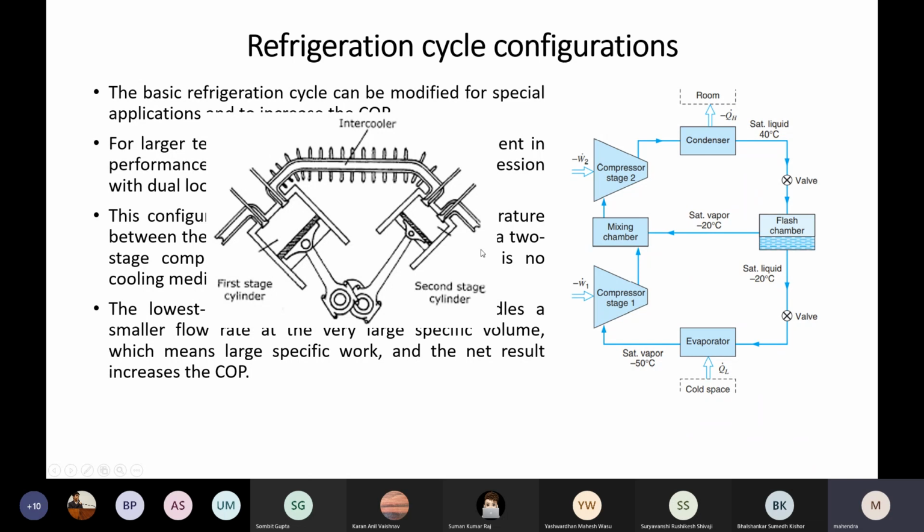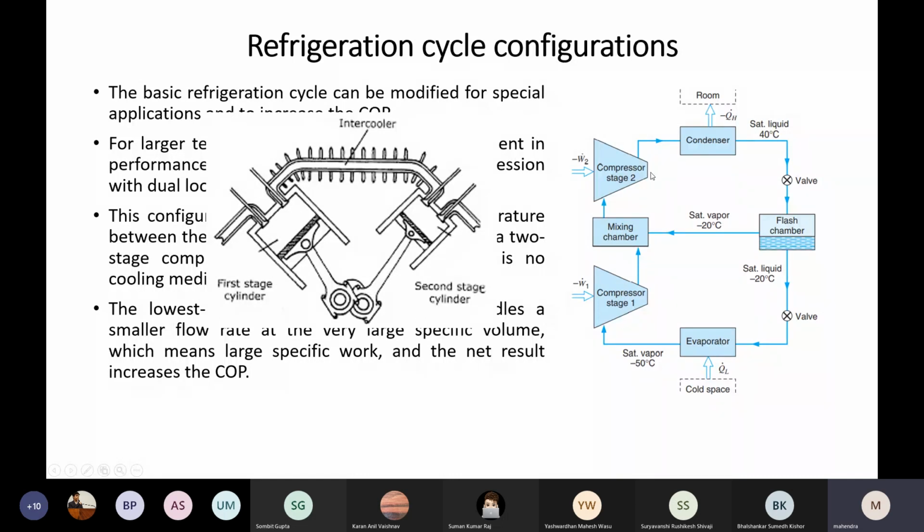If this is a small capacity compressor, then you will have an air cooling type of intercooler. If the capacity is very big, you will have an oil cooled intercooler over here. Similarly, one thing you have to observe: the air entering over here is at atmospheric pressure and atmospheric temperature. Here, if you see, this temperature is very low.